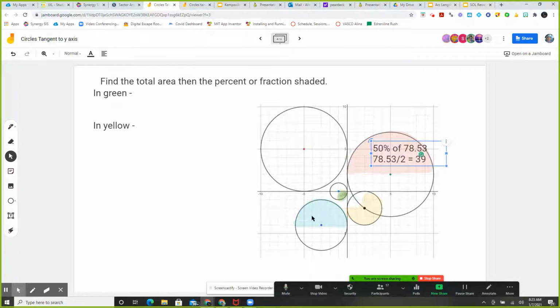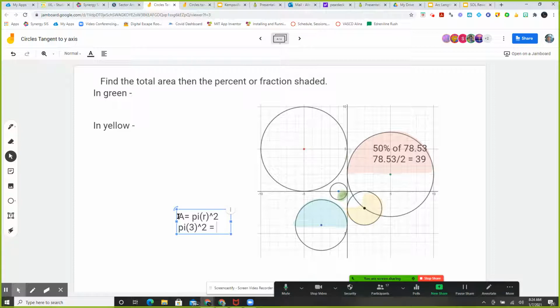Okay. So what would I do for the blue one? I need to find that whole area. So area equals pi times the radius squared, which means pi times the radius, which is 3, squared. What is pi times 3 squared?